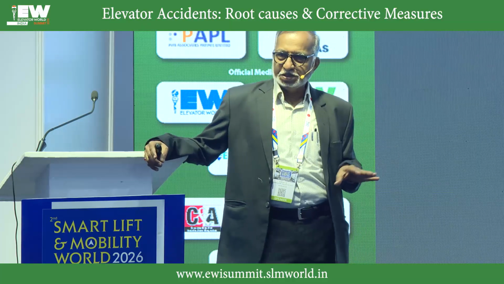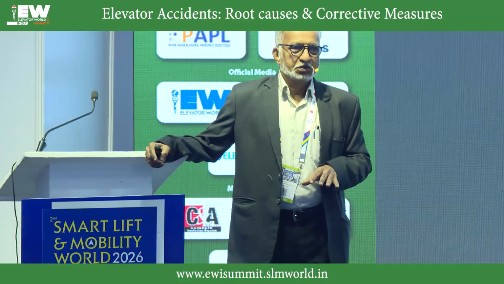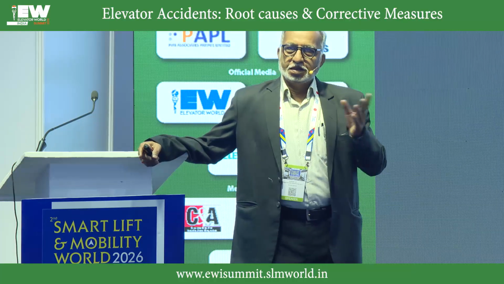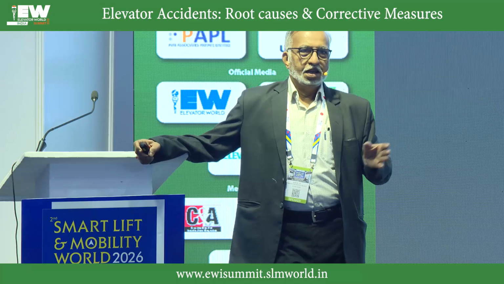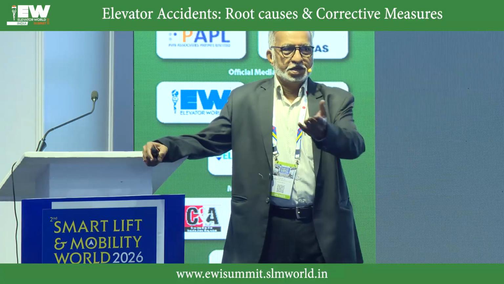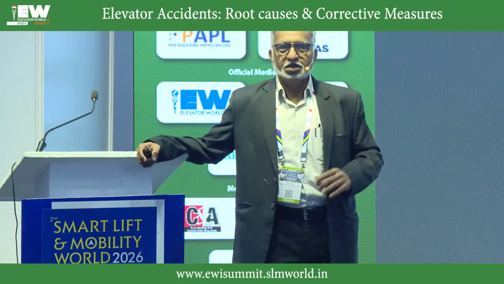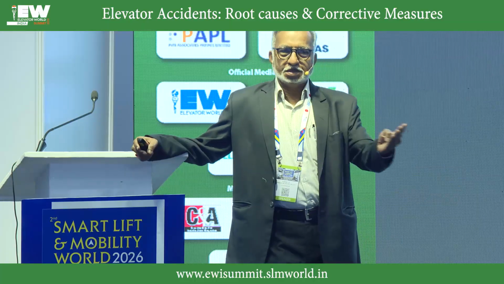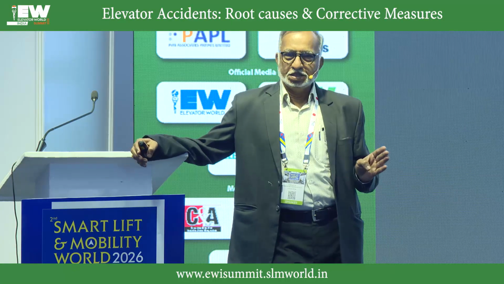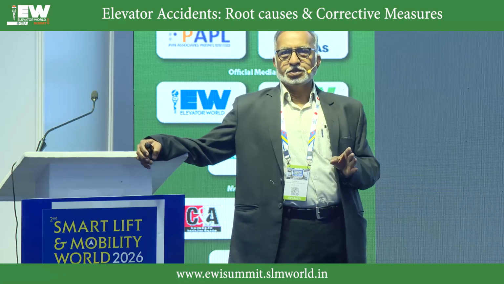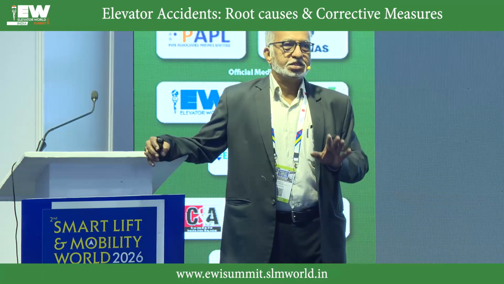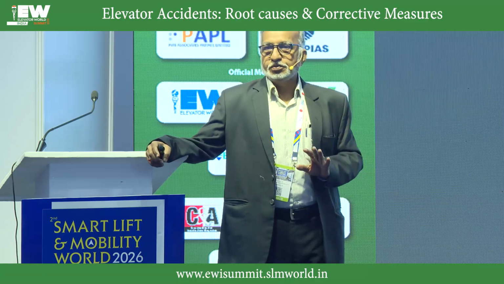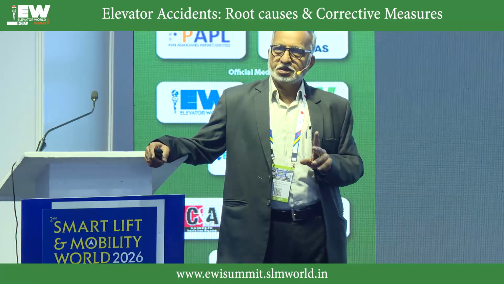But if we have a system through the government, through the fire department, that broadcast group will send a message, the person will get the message, and if the accident is in the next building, he will immediately rush and try to remove the person. Because he is a technical person, a lift industry person, he knows how to remove the person. So he will remove the person or at least console the person. That way we can reduce the deaths because of the accident.